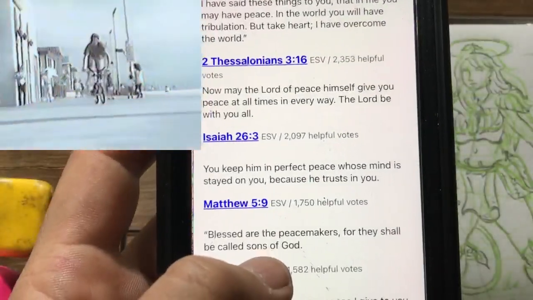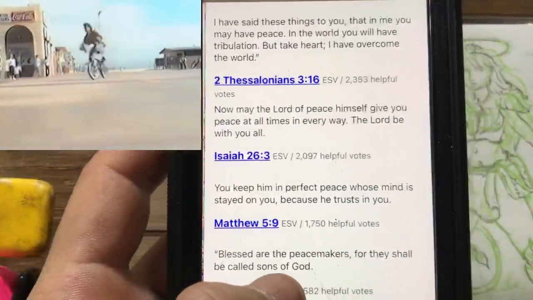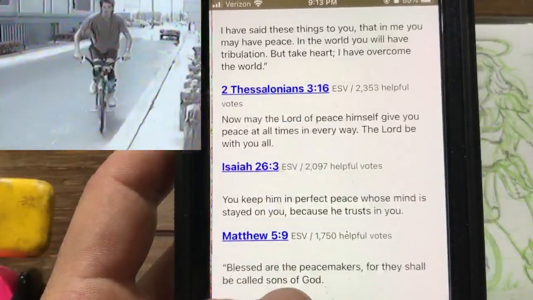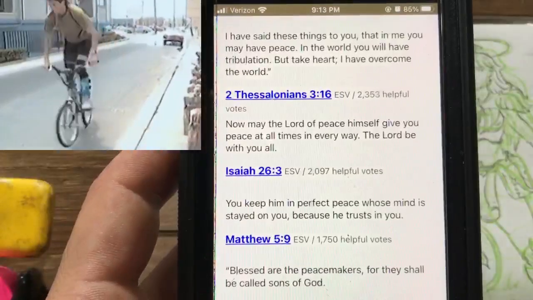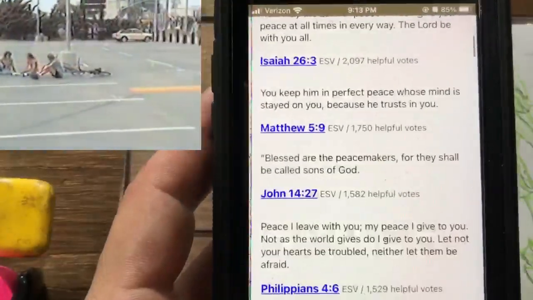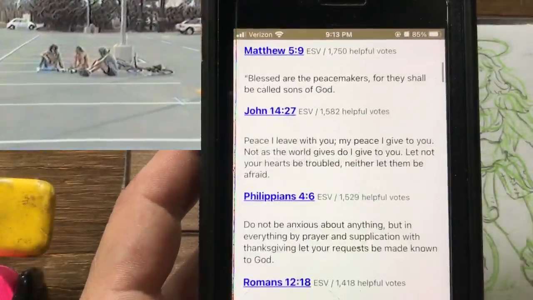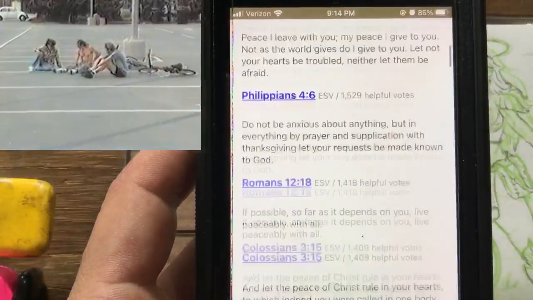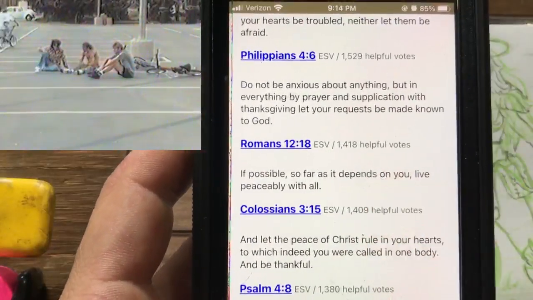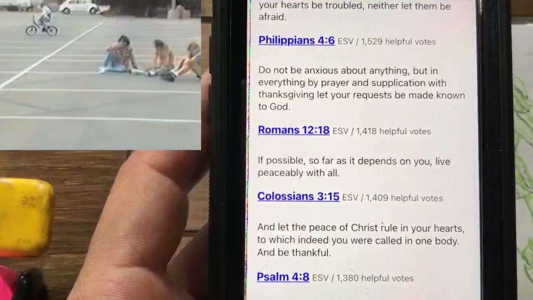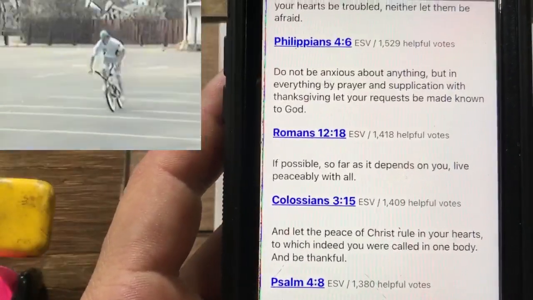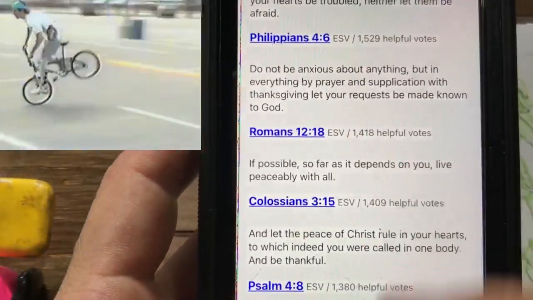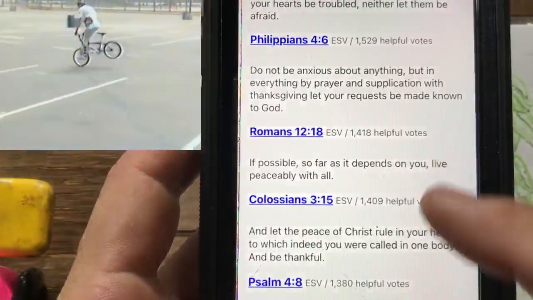Blessed are the peacemakers, for they shall be called sons of God. I want to kind of do a Bible study on peacemaking, because peacemaking's hard. Maybe this one: if possible, so far as it depends on you, live peaceably with all. Maybe that one, and then the boots of the gospel of peace.